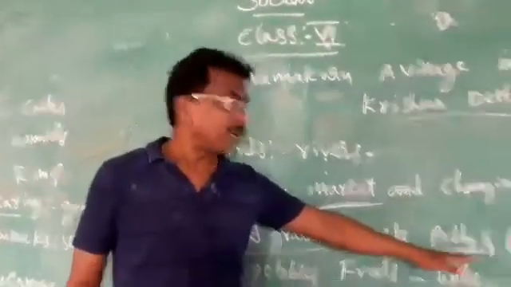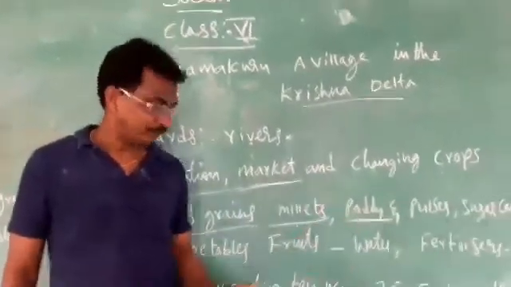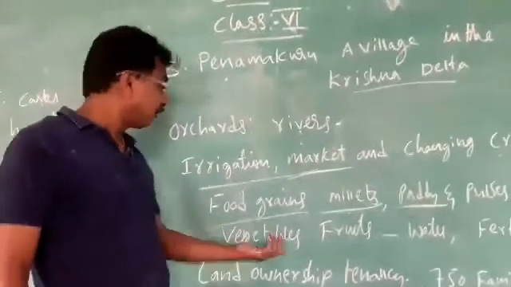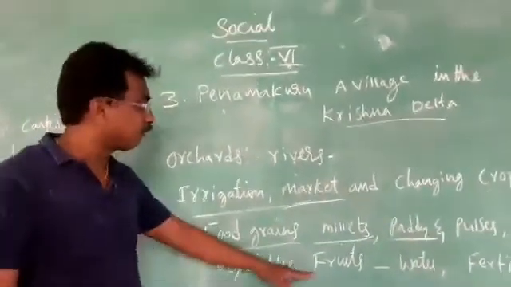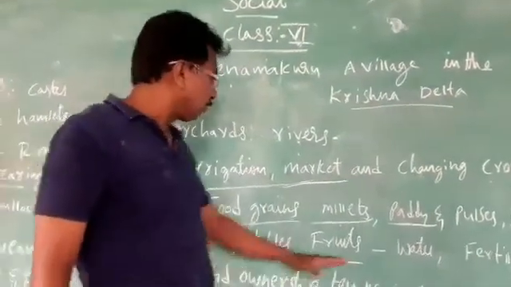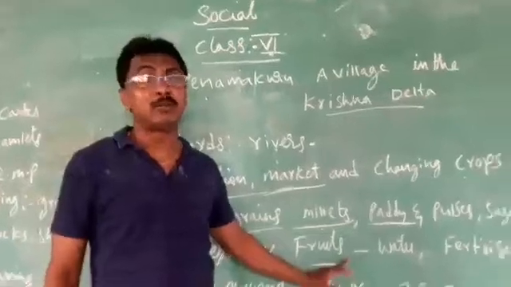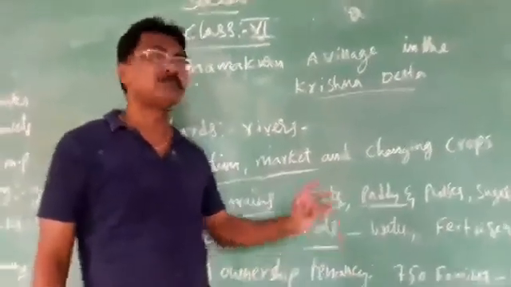Cotton they do not grow here, but cotton is also a cash crop. Sugarcane and turmeric they will grow, and the vegetables and the fruits also. In Penamakuru different types of vegetables and fruits are grown.